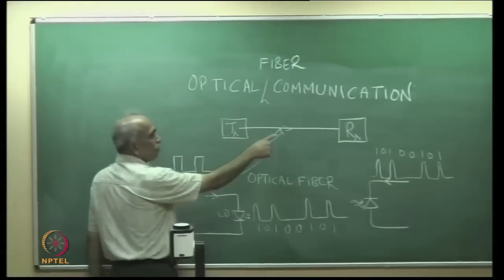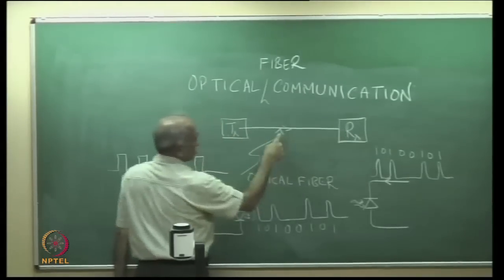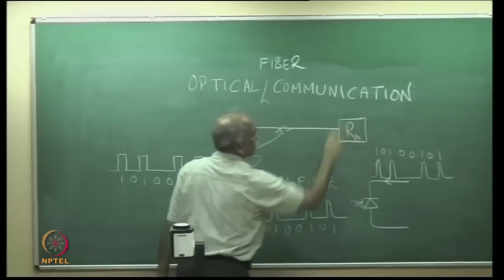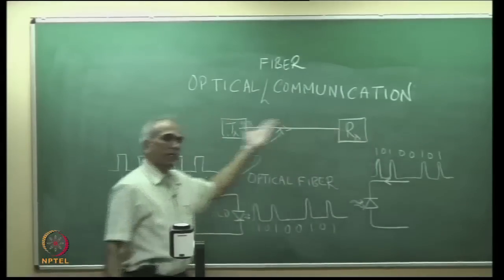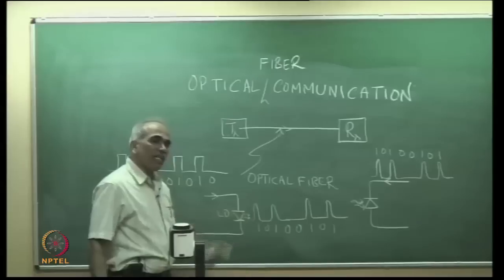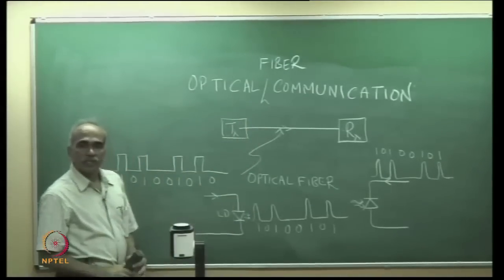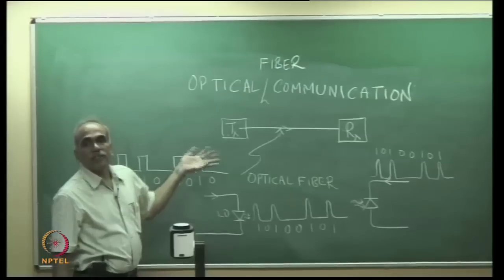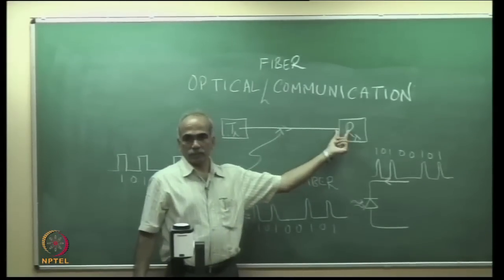In between you have the fiber, and the signal processing electronics at the receiver and transmitter. So this course primarily deals with the physics, the structure, design and device characteristics of laser diodes and photodetectors.